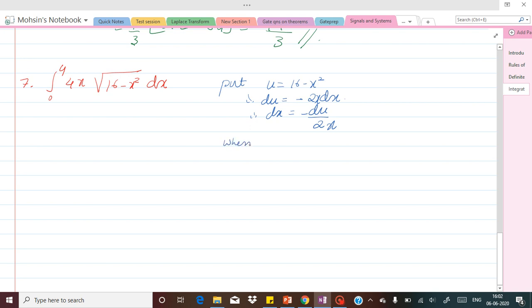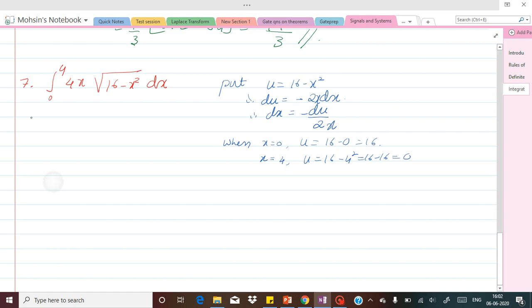So when the lower limit x equal to 0, u will be equal to 16 minus 0 equal to 16, and the upper limit is x equal to 4, so u will be equal to 16 minus 4 square, which is 16 minus 16, that is equal to 0. So therefore here the limits will be interchanged.